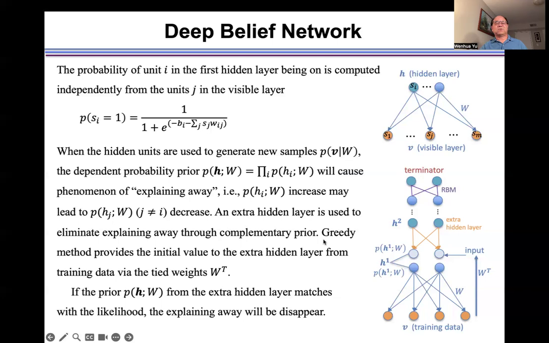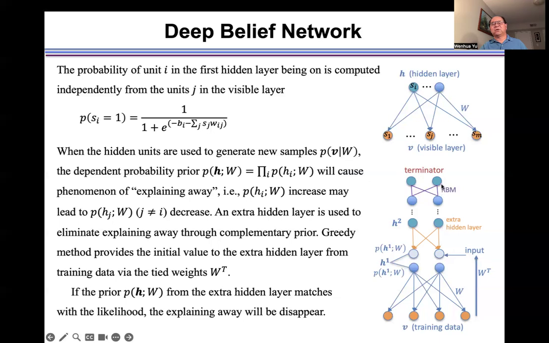The greedy method provides the initial value to the actual hidden layer from training data through the transposed weight W^T. Namely, we first train the first block, giving the training data as the initial value. And then we train the second block. Its initial value is generated by the learned W from training data.